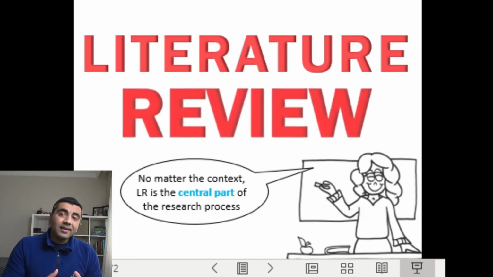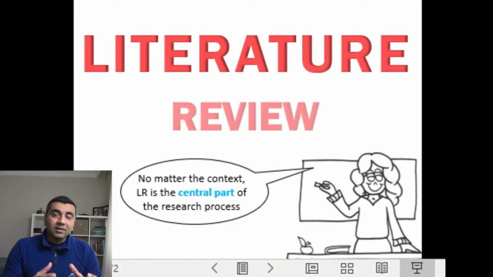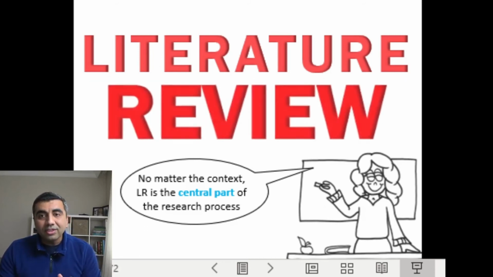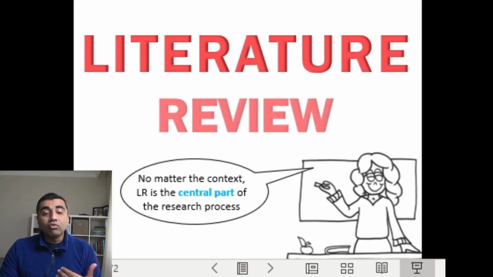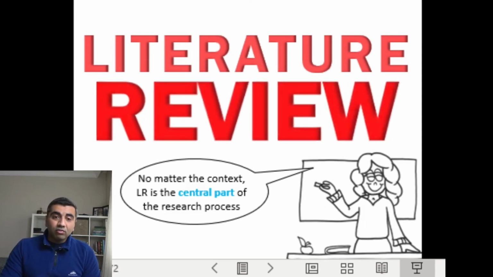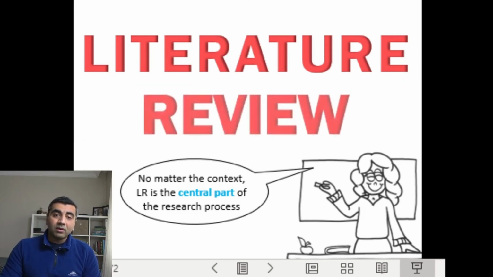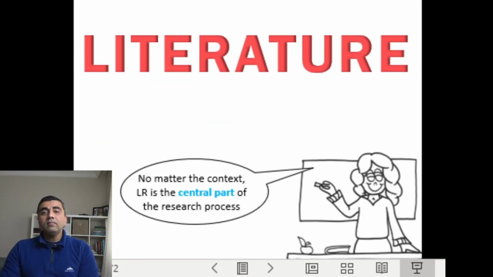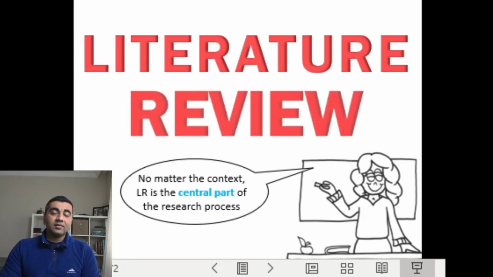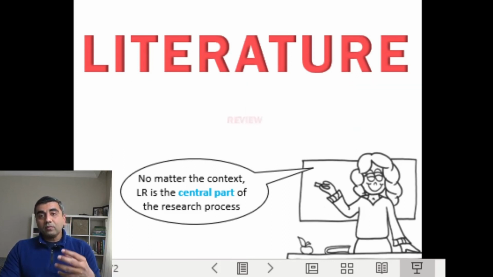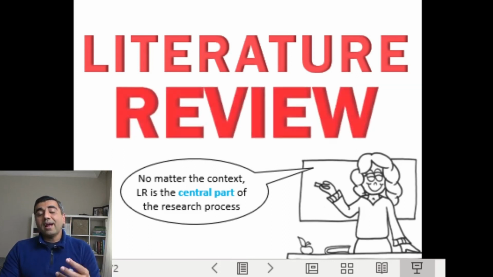The second is the critical appraisal: to evaluate the literature, determine the relationship between the sources, and ascertain what has been done already and still needs to be done. That's why we are involved in writing a literature review. And the third one is the writing, which is that we would like to explain what we have found.